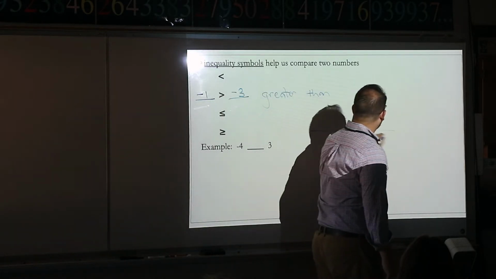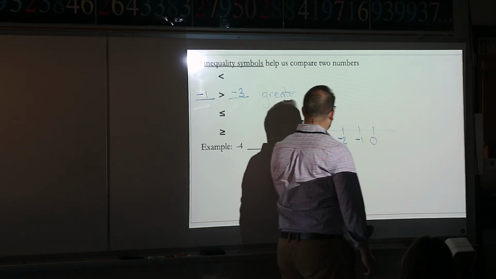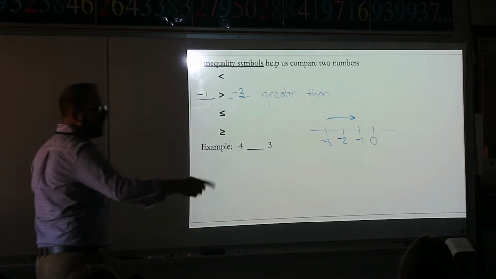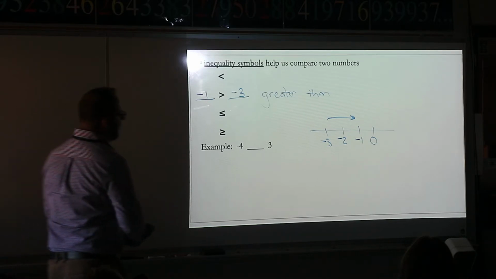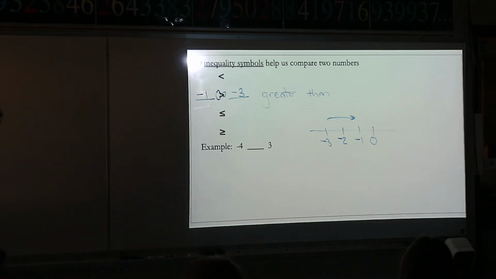If you think about that number line we just drew a little bit ago, -1, -2, -3, these numbers are larger as you go to the right on a number line visually. You're getting bigger numbers every time. So -1 technically is a bigger number than -3. So they're on the correct side because of the symbol I'm looking at. Does that make sense with negatives?